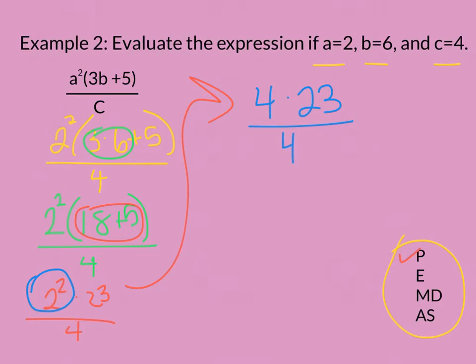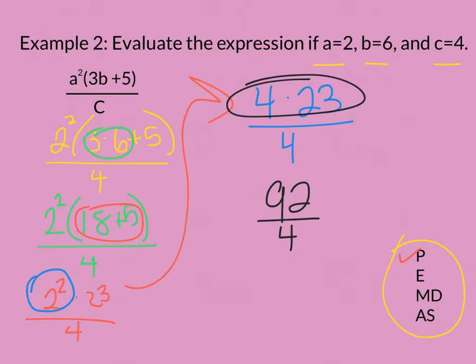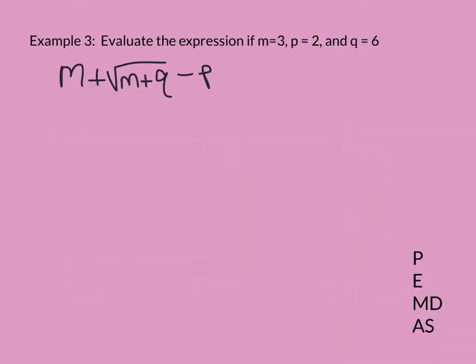And so I'm going to pull out my calculator and do 4 times 23. And I get 92. And that is over 4, or in other words, divided by 4. So that makes my final answer 23. I'm going to box my answer, and that's it.